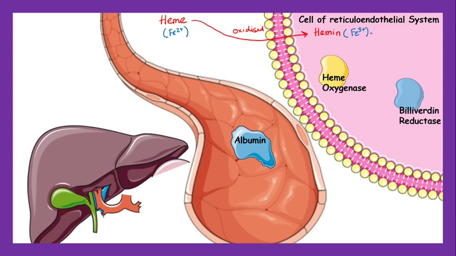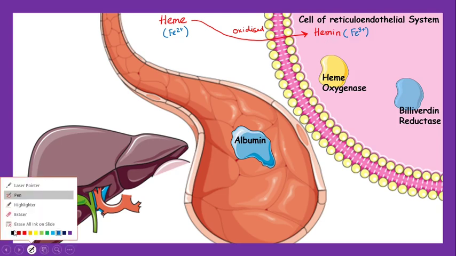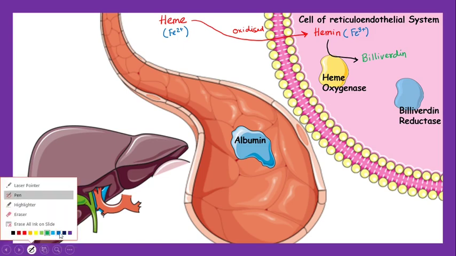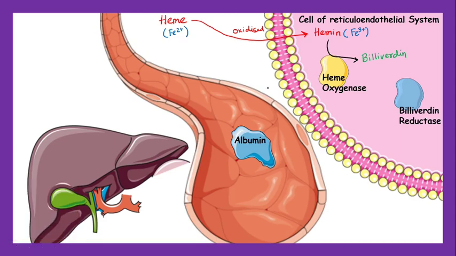So this hemine is acted upon by the enzyme hemoxygenase, and it converts heme into something known as biliverdin. Along with this biliverdin, what else is removed?